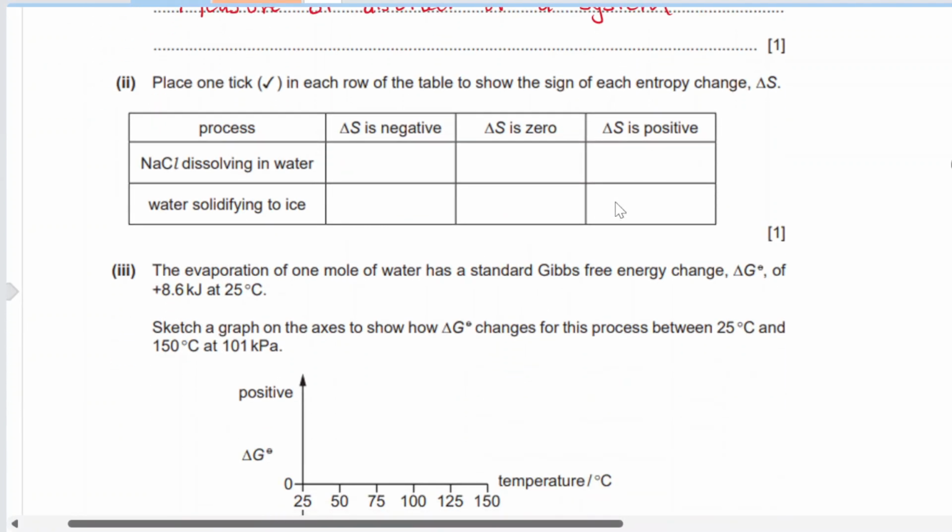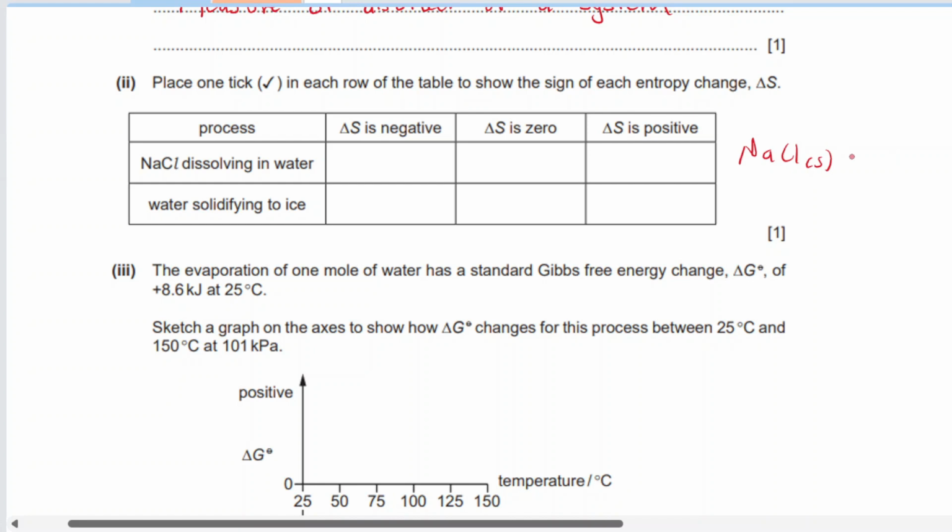The next question says to place 1 tick in each row of the table to show the sign of each entropy change. So we have to identify if the entropy change is negative, 0, or positive. Remember, the entropy increases if you increase the disorder or the randomness, right? Let's look at the first one. When NaCl dissolves in water, what happens? You have NaCl as a solid.